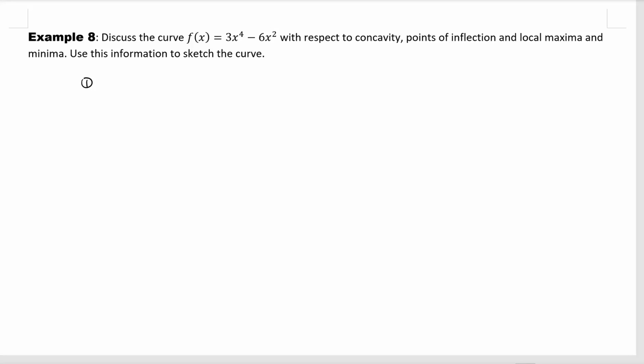First step, we want to figure out the derivative. Derivative of 3x to the 4th is 12x cubed. 2 times 6 is 12x. Okay, and what is the common factor? 12x. What's left? X squared minus 1.